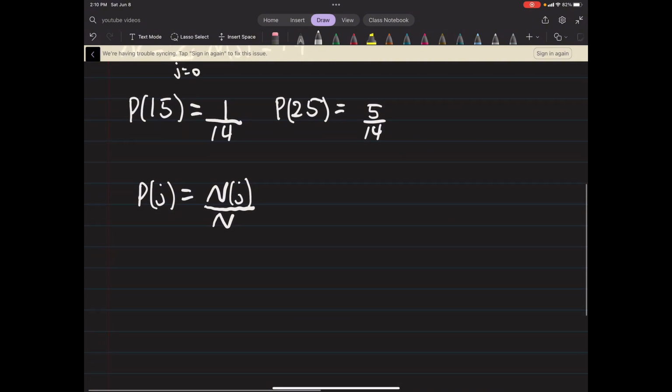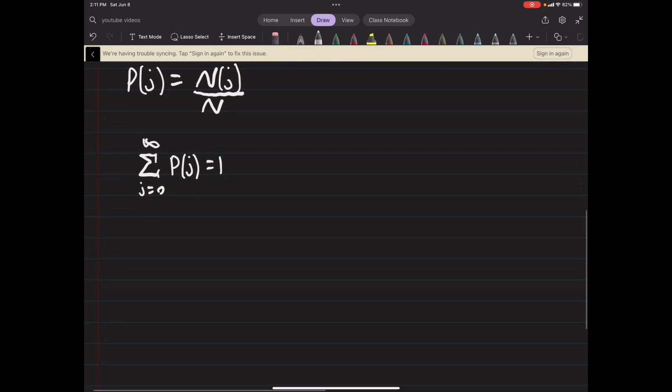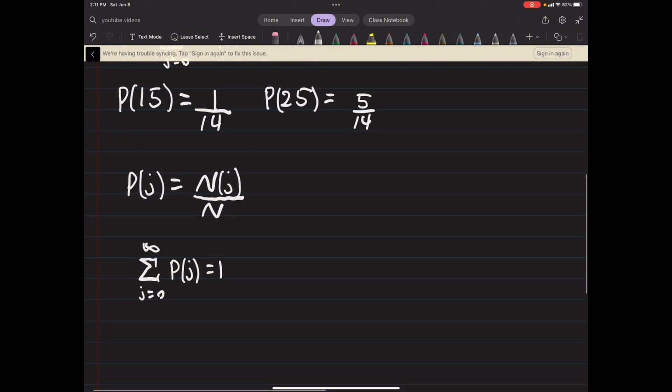And from this, we can get another property, which is if you sum over all the ages, the different probabilities, they should equal 1. In other words, if you pick somebody at random, they're going to have an age.